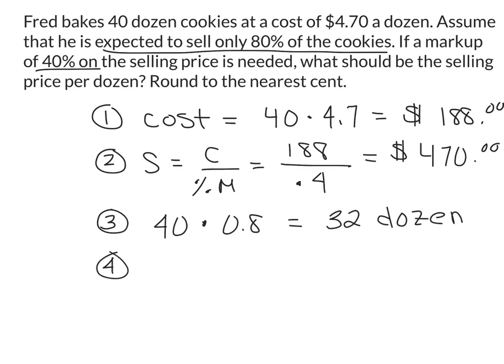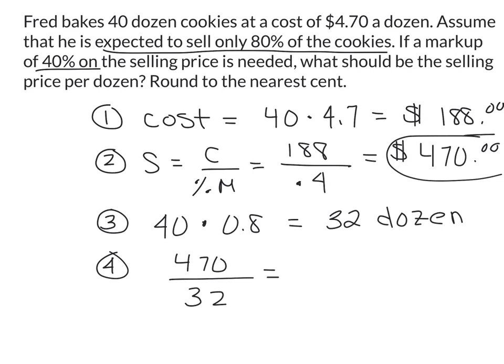Finally, we'll compute the price per dozen by taking the total revenue, or the selling price of all cookies, which is $470, and dividing it by the number of cookies to be sold, which is 32.